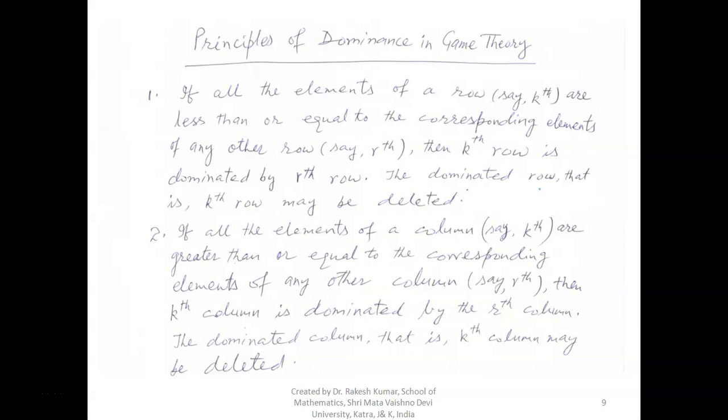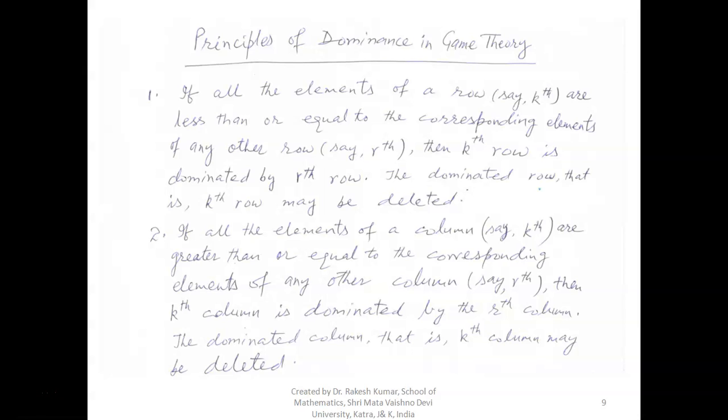So there are certain principles which we can use to reduce the size of this payoff matrix. So rule number 1 is if all the elements of a row, say kth row, are less than or equal to the corresponding elements of any other row, say rth, then kth row is dominated by rth row. The dominated row, that is kth row, may be deleted.